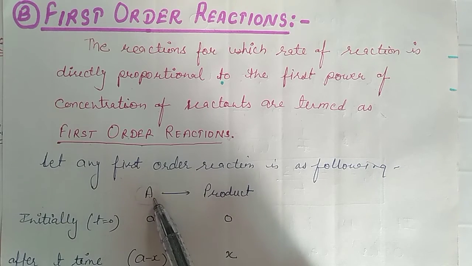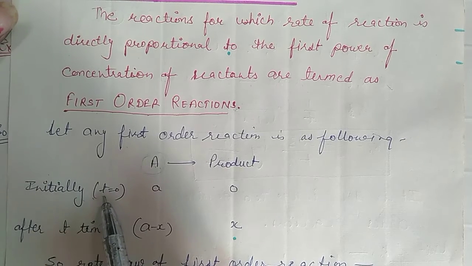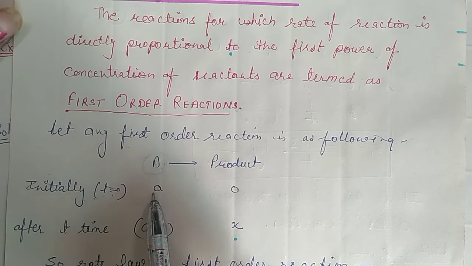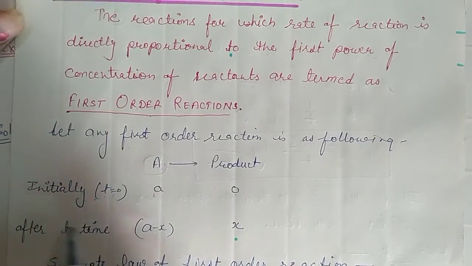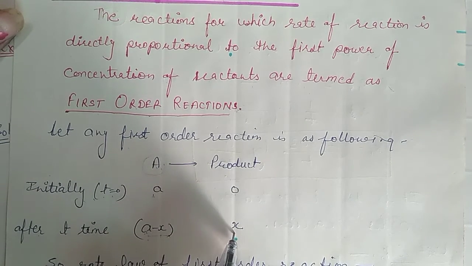Initially, when t is equal to 0, the initial concentration of A is a and product is 0. After t time, x concentration is decomposed, meaning the remaining concentration of A is a minus x and product is x.